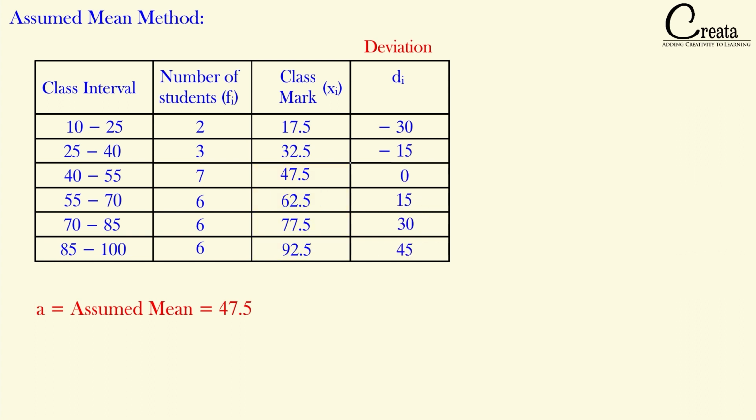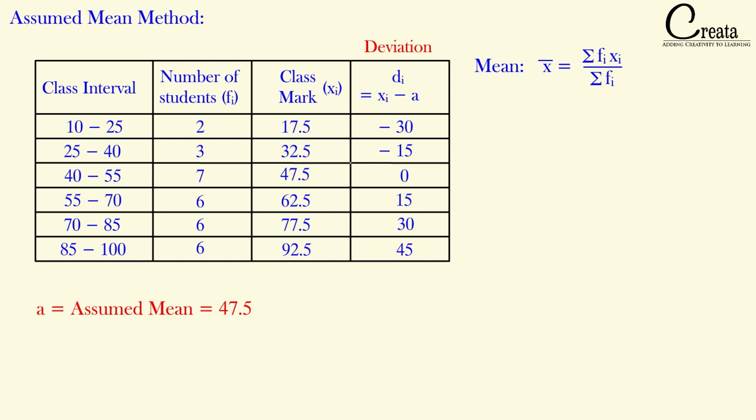Similarly, we will subtract 47.5 from all these numbers and we will get the value as di. Got it? We got a new column which is the deviation, which we are denoting as di. Further, we will find the mean of this deviation. How do we find the mean of the deviation? How do we find the mean of the normal observation? We use the formula x bar, the mean, is equal to sum of fi into xi upon sum of fi.